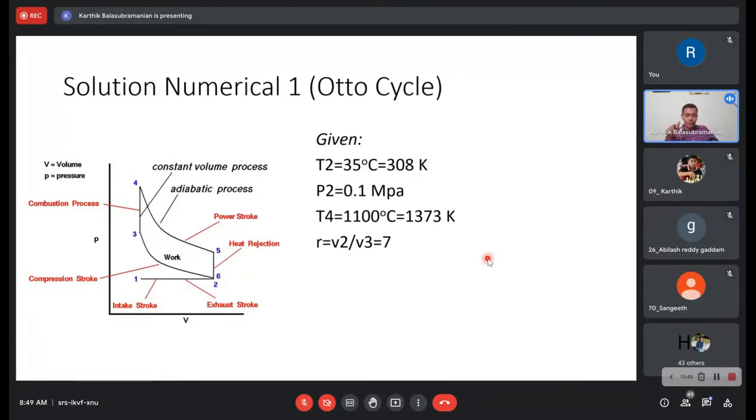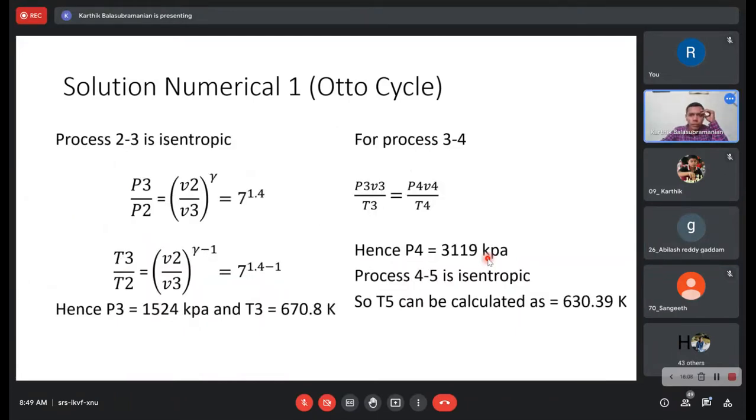Sir, T3 is somewhere about 670 Kelvin. Okay. What about V3? V3 is 126.28 cubic meter. Let's see. Yeah, T3 is 670 Kelvin, that's right.